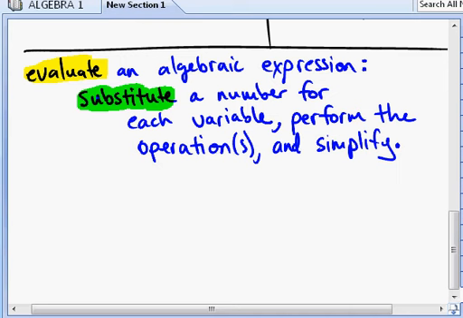Now that's just the first part. So substitute a number for each variable, then perform the operations. What does that mean? Perform the operations. Basically do the problem, like do the adding or the multiplying, whatever it is they ask you to do, and then simplify it, which is basically do all the operations. Okay, so substitute a number for each variable, trade it, perform the operations, and simplify.